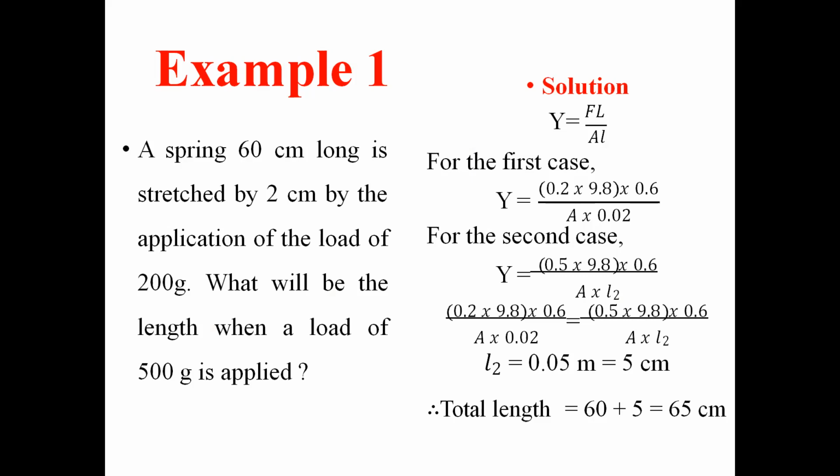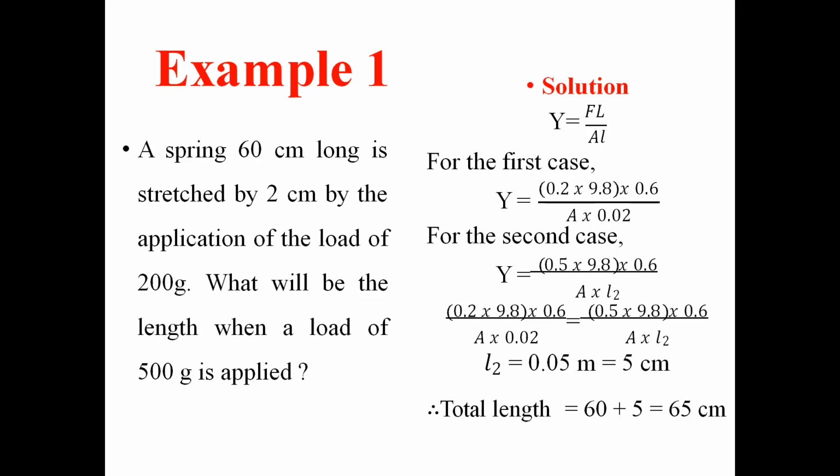Force means load. 200 grams is converted into kg, into 9.8, into 0.6. That means 60 centimeters is converted to 0.6 meters. Area is not given. Small l equal to 0.02 meters. Length is given 2 centimeters, converted into 0.02.